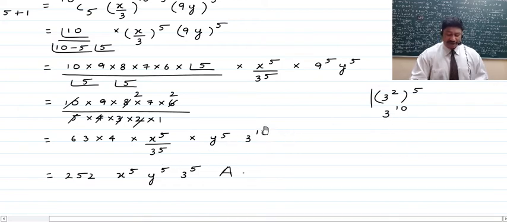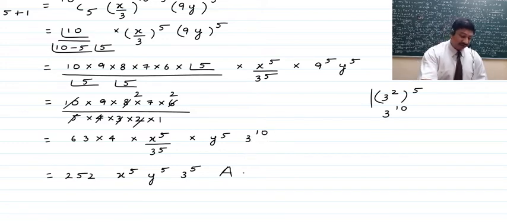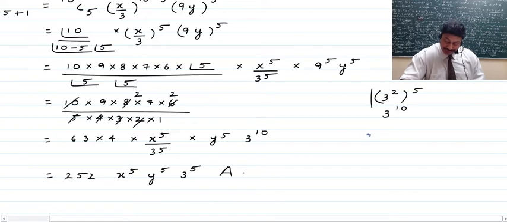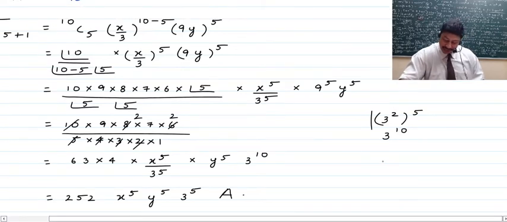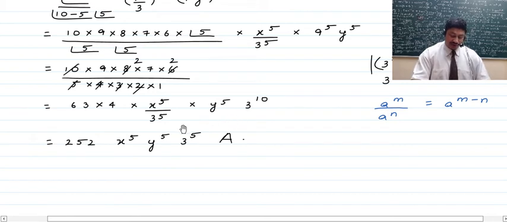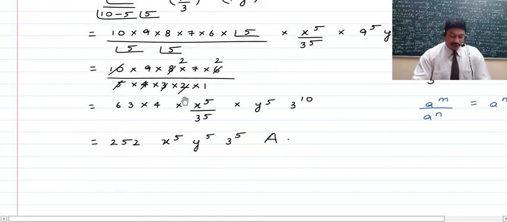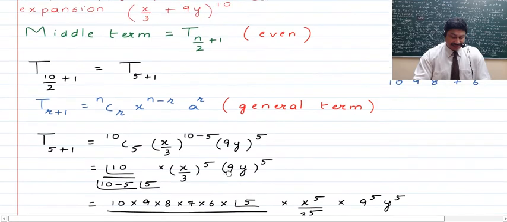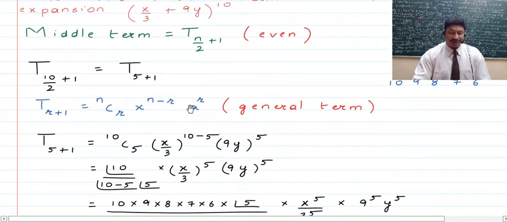Now, children, 5 powers of 3 are going to get cancelled from the numerator and from the denominator, because we have a rule, children, that is, if we talk about a raised to the power m divided by a raised to the power n, then that becomes equal to a raised to the power m minus n, right? So using this, now we will have 5 powers of 3 vanishing from the numerator. And now if you find out the product of all of this, this will give you the middle term in the expansion of x upon 3 plus 9y whole raised to the power 10.